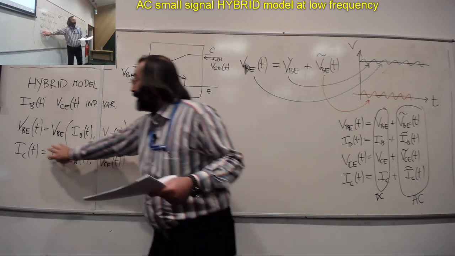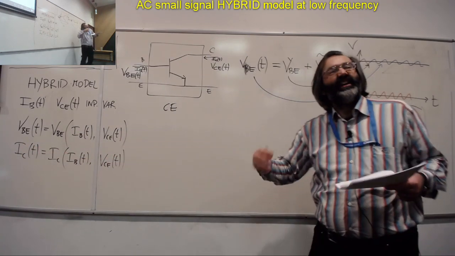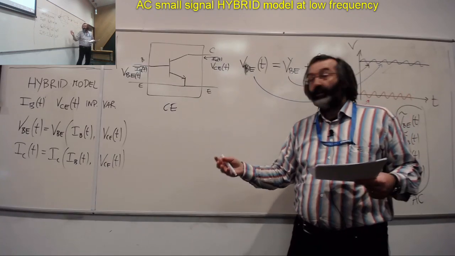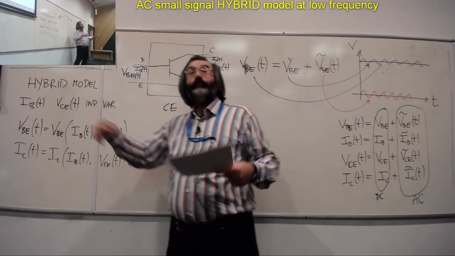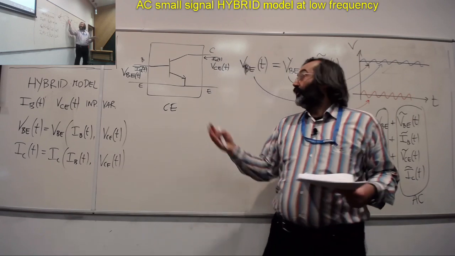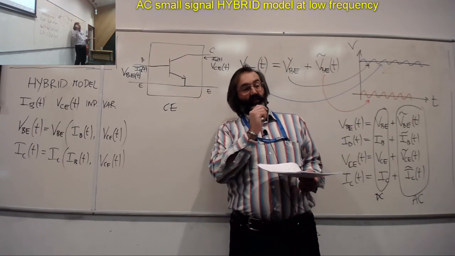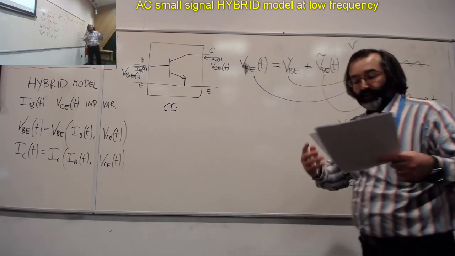So this part will tell us, once we linearize it, how the equivalent circuit of the output port should look like. Overall, together, we'll define the hybrid model, which is a linear version of my nonlinear component that suits its operation for small signals. That's the overall idea.